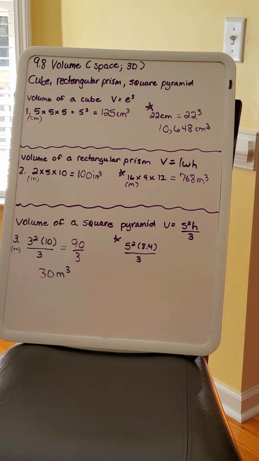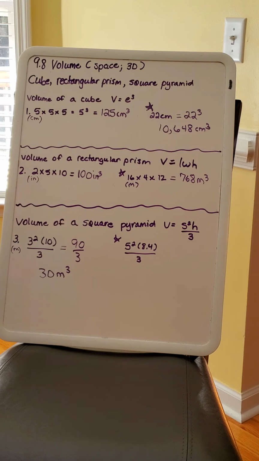Alright, the next one is again in the back on page 385, the extra practice. It is 5 inches on the bottom, or the square part, and then the height, from the flat part of the pyramid up to the highest point, is 8.4. We're going to multiply those two.